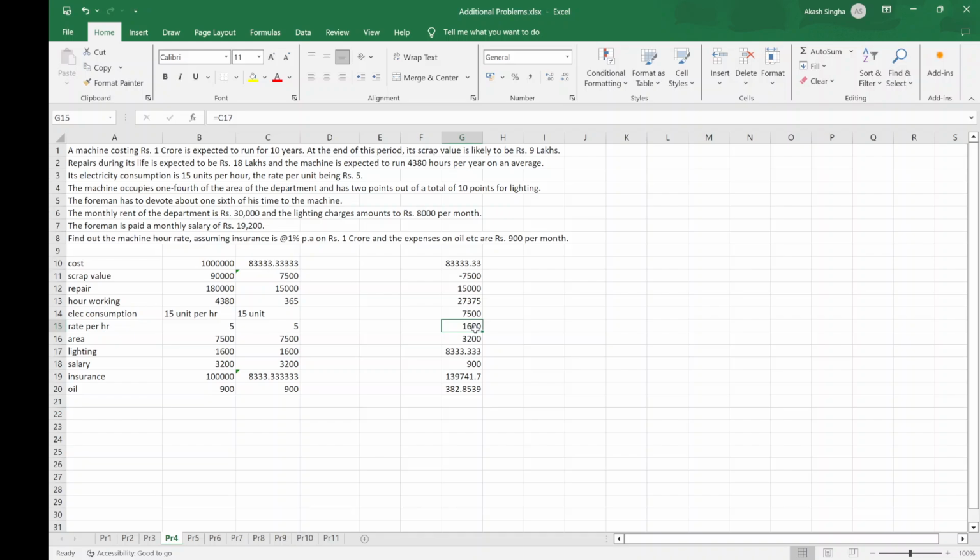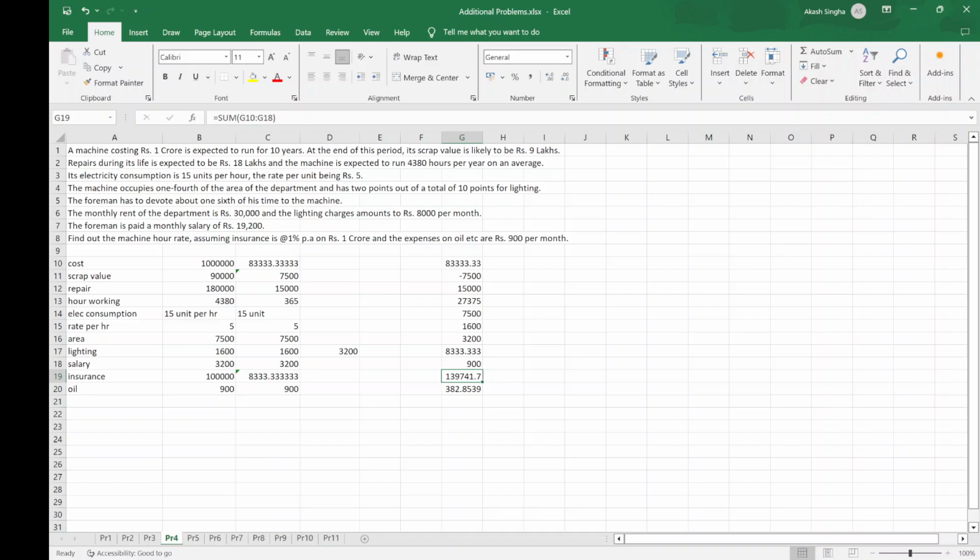Okay, now what is left? Monthly salary 19,200, and it's one-sixth, so 3,200 is from salary. Okay, so these are the values. Now with that, we have to add insurance for 10 years, per 1 year, so per month this, and the extra 900 per month also we have to add.